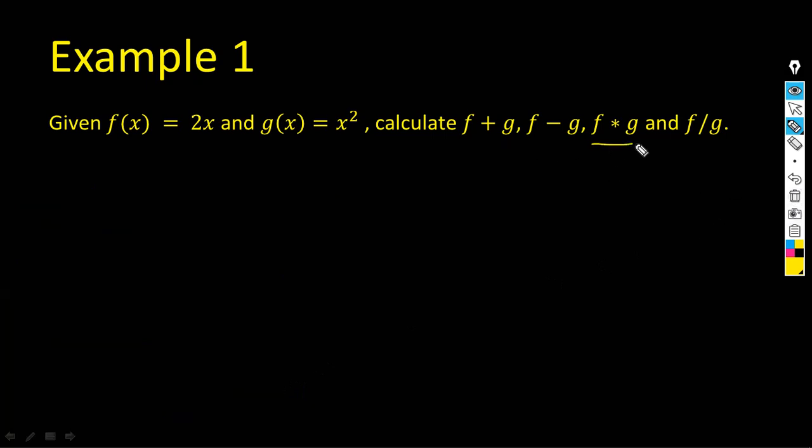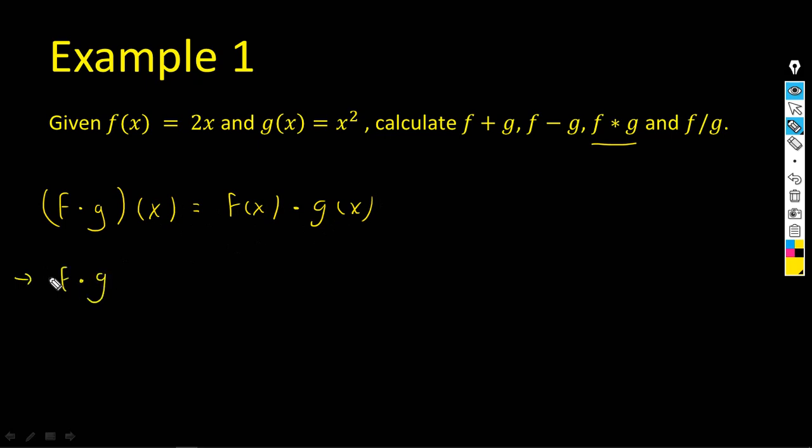Now let's go to f times g. Okay, f times g of x is nothing but f of x times g of x, and so therefore f times g of x is equal to f of x, which is 2x, times g of x, which is x squared. Now, if you leave it like this, that's already perfect, okay?